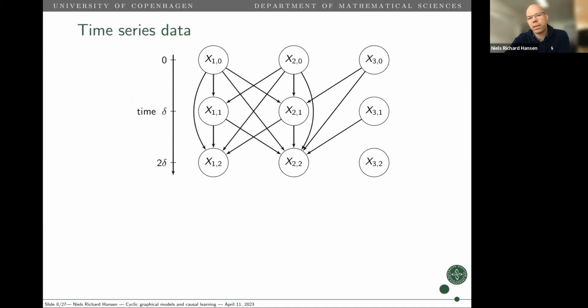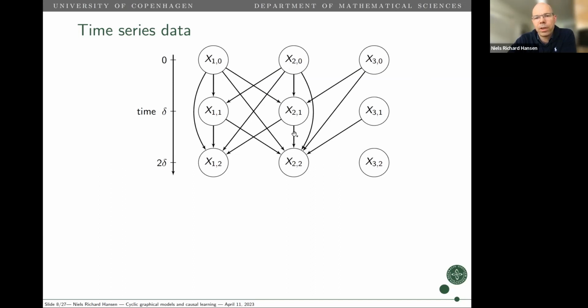Let me also connect this local independence graph to the standard time series framework. If we represent all the observations in time series data at all time points and all coordinates, we can use a standard directed acyclic graph framework by having all arrows pointing forward in time.